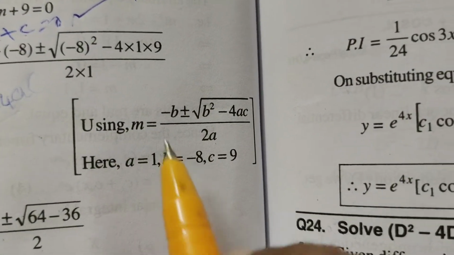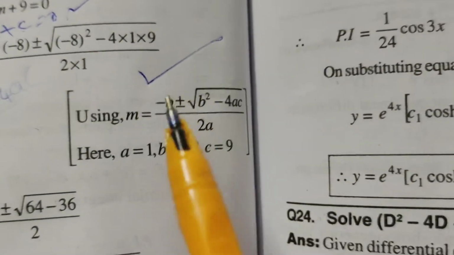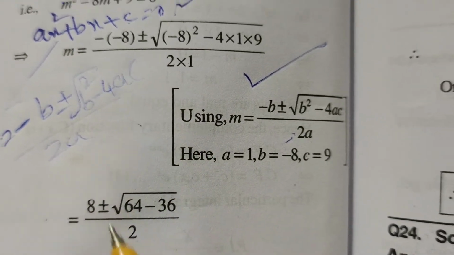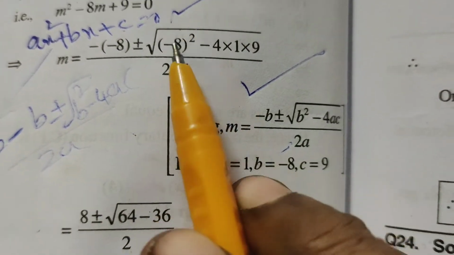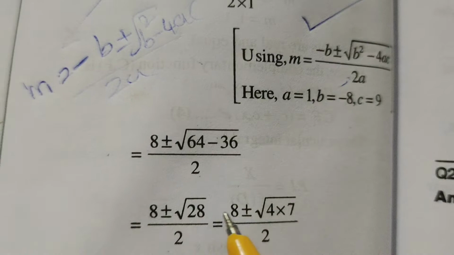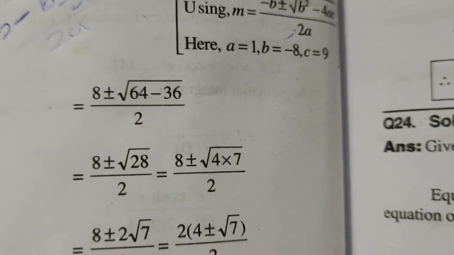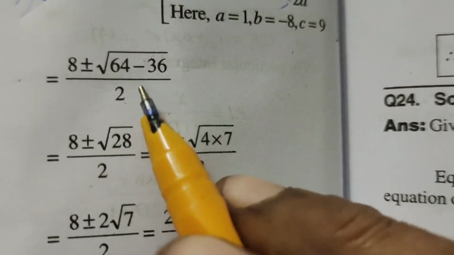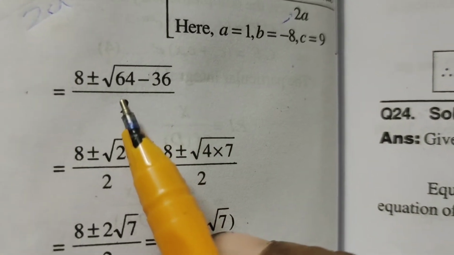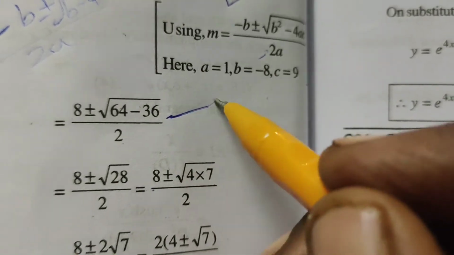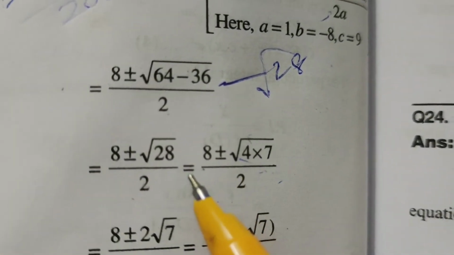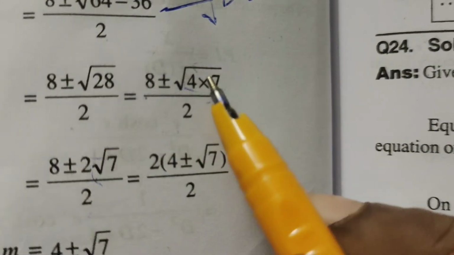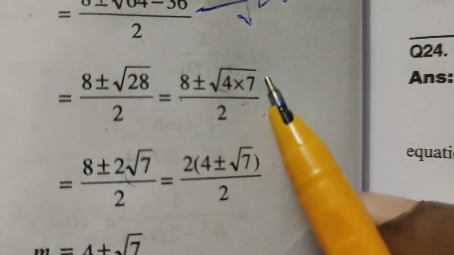Now, minus of minus 8 means plus 8, plus or minus the root of 64 minus 36, all over 2. So m = (8 ± √28) / 2. The root of 28 is the root of 4 times 7. The root of 4 is 2, and the remaining root 7 is written as it is.